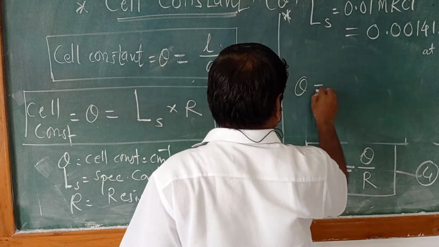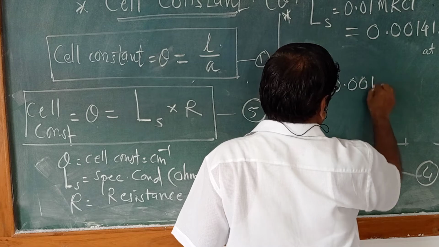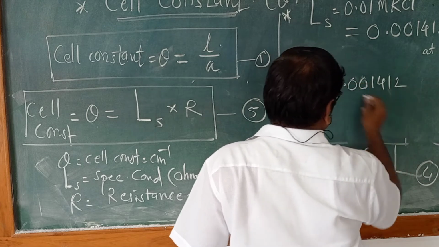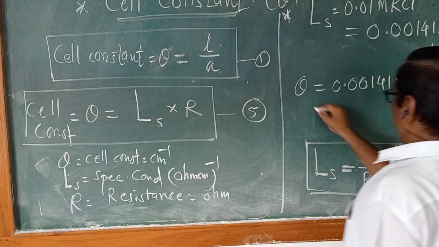So theta is equal to 0.001412 into R, where R means the observed resistance.